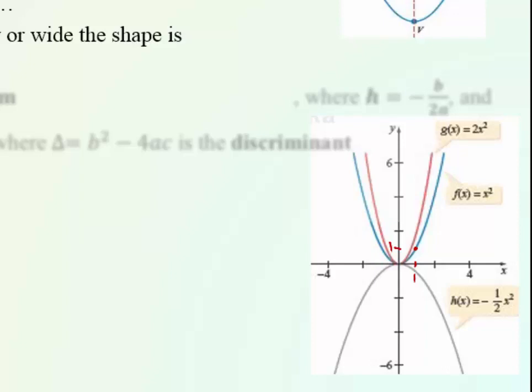Now, if you want to graph g of x, which is 2x squared, this value 1 becomes 2 because it's multiplied by 2. So it is stretched vertically twice. So we end up with the red graph.